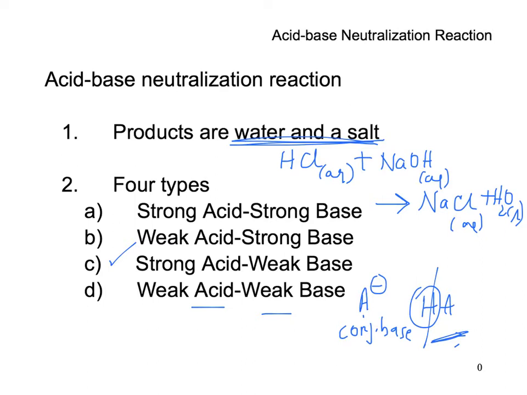And we discussed this previously, that an anion which is a conjugate base of a weak acid itself will be basic. It will be weakly basic in nature. On the other hand, an anion of conjugate base of a strong acid is going to be pH neutral. So that means it's going to be neither acidic nor basic in nature.